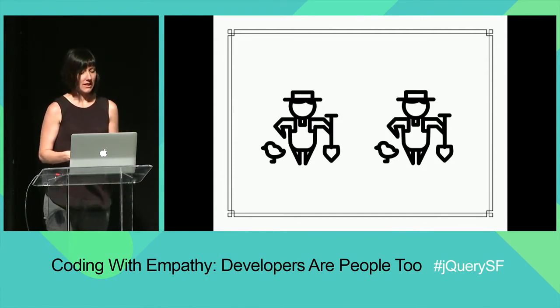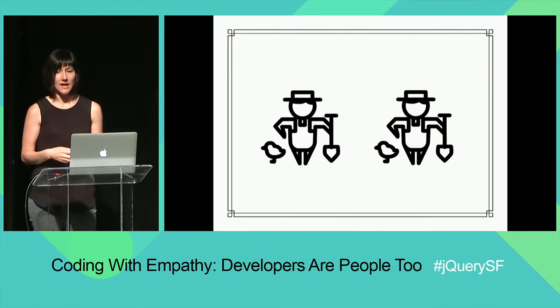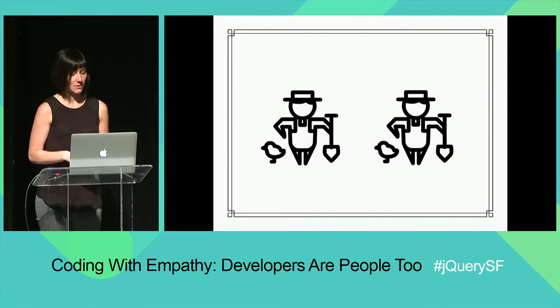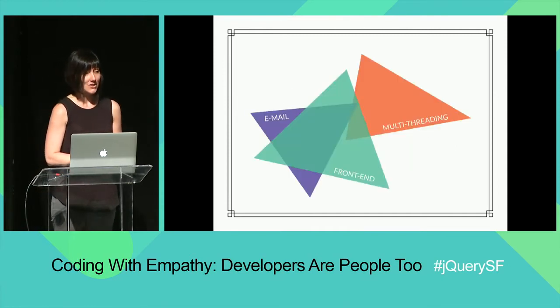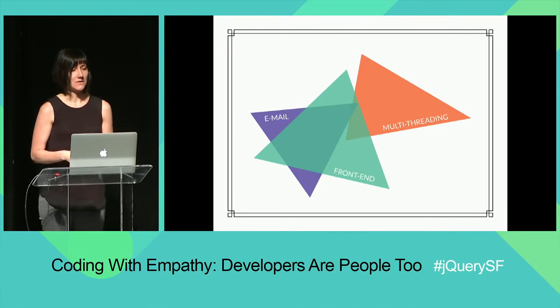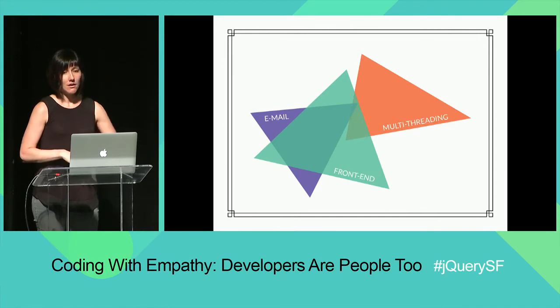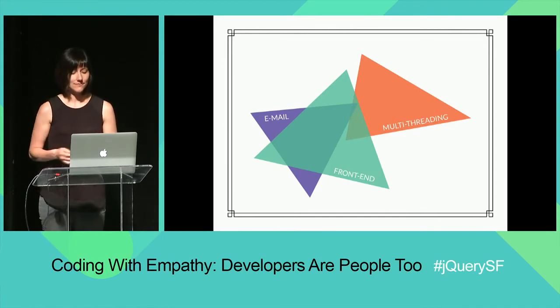Our difficulty in imagining what it's like to be that other person has a lot to do with how much shared context we have. As a front-end engineer, it's easy for me to empathize with someone struggling to create something like some email templates versus me trying to empathize with someone struggling with multi-threading in Java.